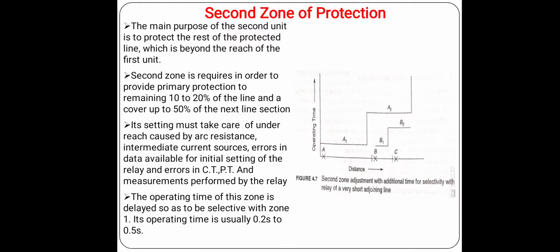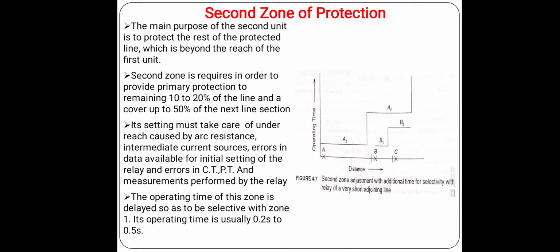The setting of the second unit is adjusted so that it operates the relay even for an arcing fault at the end of the line. To achieve this, the unit must reach beyond the end of the line. In other words, its setting must take care of underreach caused by arc resistance.